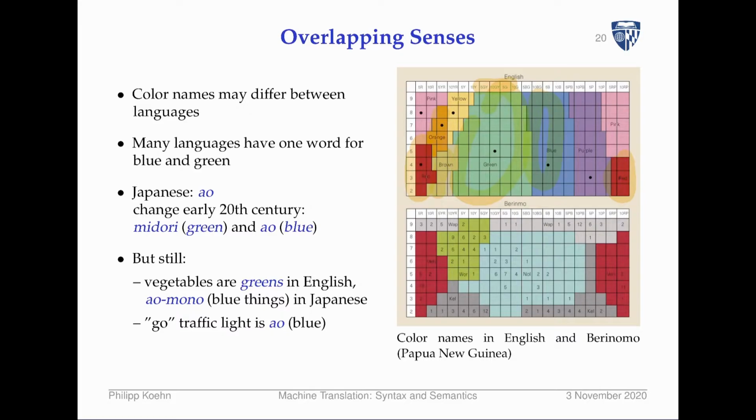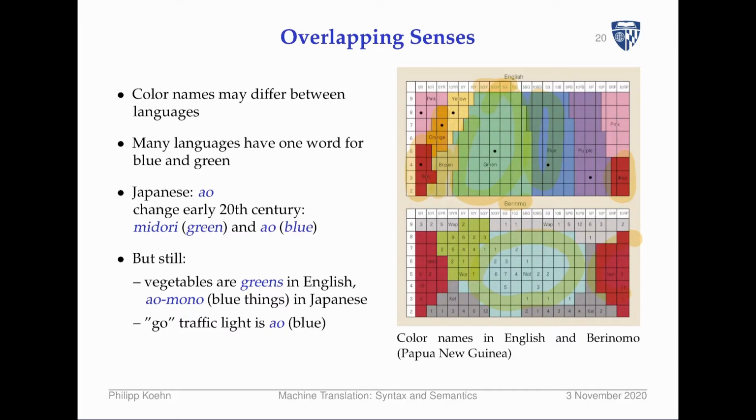So these are color spectrums and names for them. Down here is a different language called Berinmo, and these are the distinctions that are made. What you see here is, for instance, that most of the green and blue are merged together into one entity, and there's no distinction made between pink and red, and it also includes some of the orange.